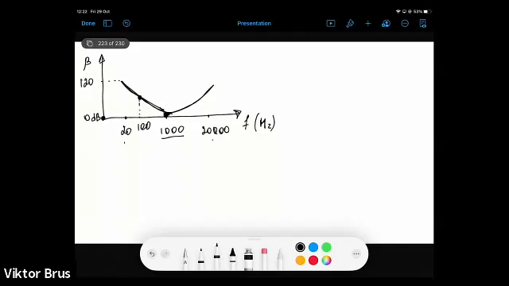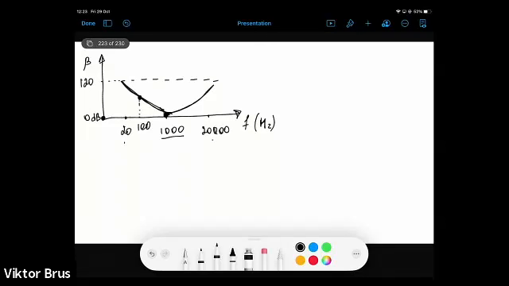However, if sound intensity is very high, let's say corresponding to 120 decibels, at the level when it becomes painful to deal with such sound, then this dependence becomes flat, meaning frequency independent.